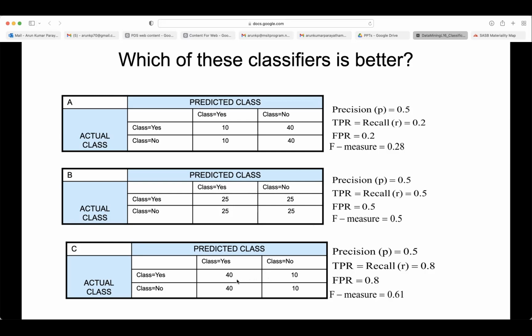So if you go by true positive rate by false positive rate here, it is 40 by 40 plus 10, 0.8. The false positivity rate is also 40 by 40 plus 10, 0.8. So TPR by FPR is 1, right?